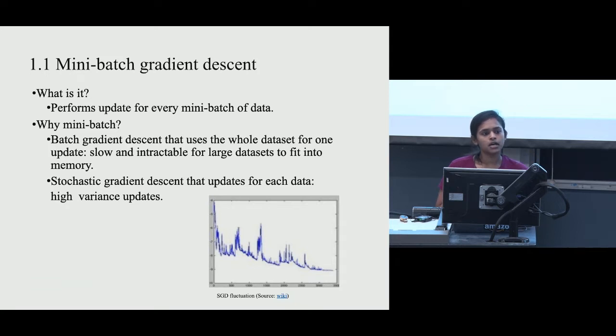Once you start homework 1 part 2, you will realize that you can't put all of your data set in the GPU memory. You have to take small batches of it. And if you do the other way around, which is stochastic gradient descent, updating for each point, you will find that there is a very high variance. So we find a middle ground, which is chunking out small parts of the data.